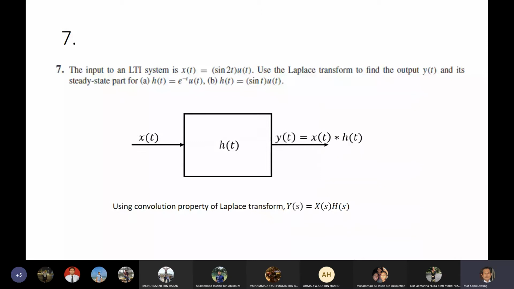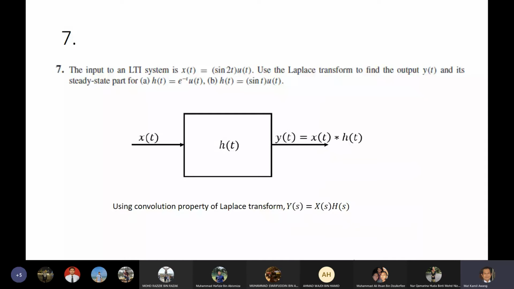So y(t) equal to x(t) convolved with h(t) is equal to Y(s) equal to X(s) times H(s) in the s domain.